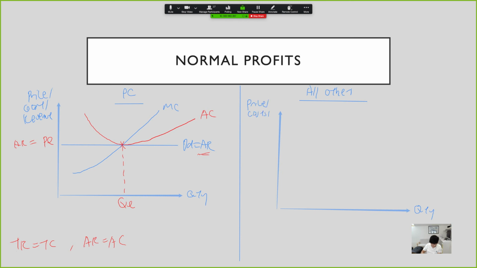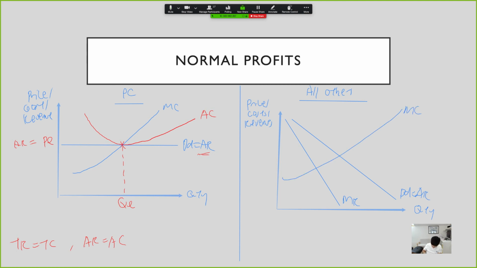For all others, you start first with a standard demand curve, and then you also have a standard MR curve. So this is your demand equals to AR, and then this is your MR, and then you have a standard MC curve, which is a 90 tick.